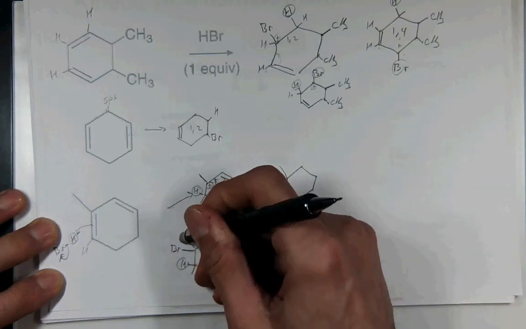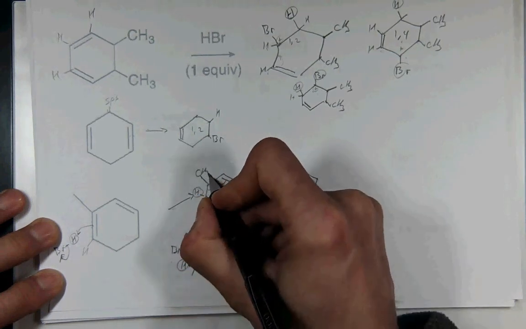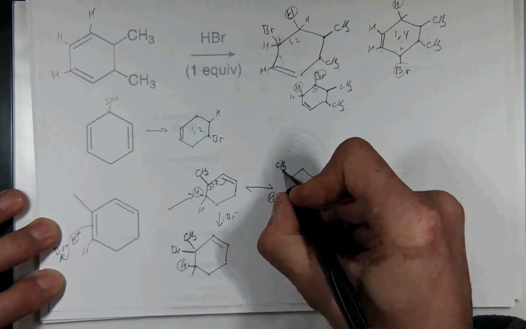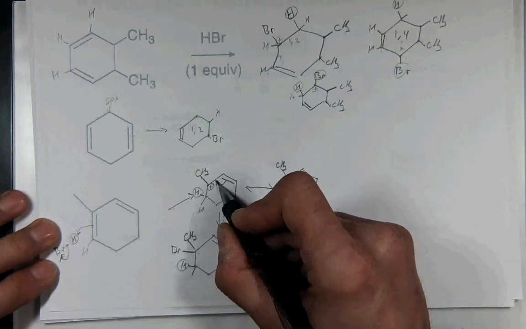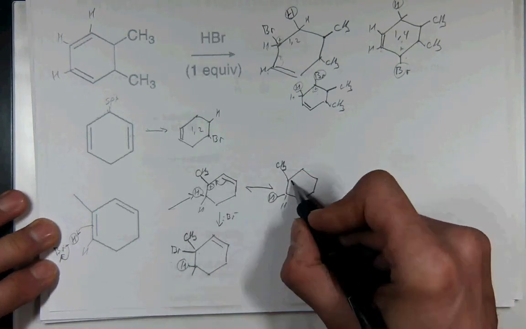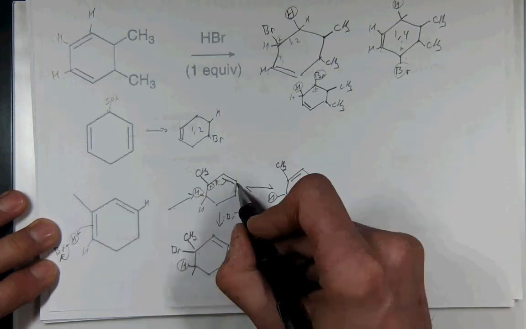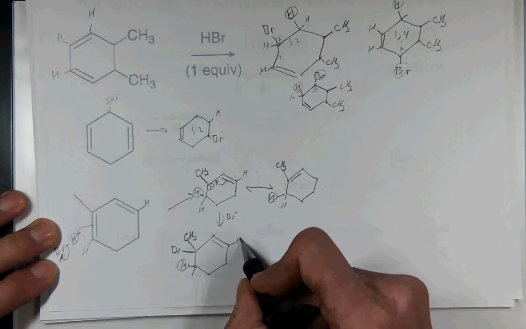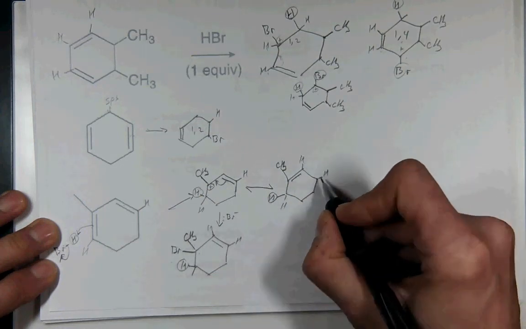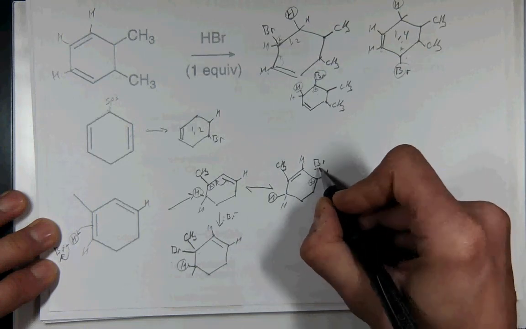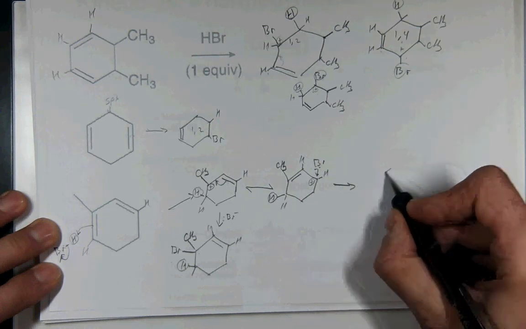Oops, sorry, there's no hydrogen there. This is a methyl. So if we do the resonance structure here, we'll put the double bond here. There's a hydrogen here as well. This becomes the carbocation to which the bromide attacks, and we get the 1,4 product.